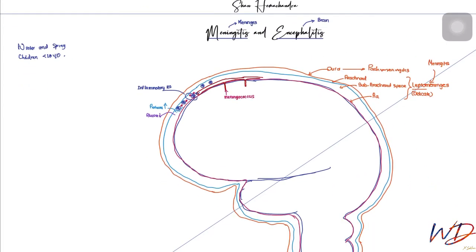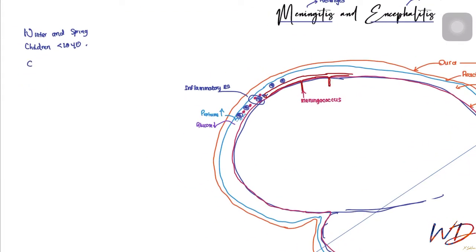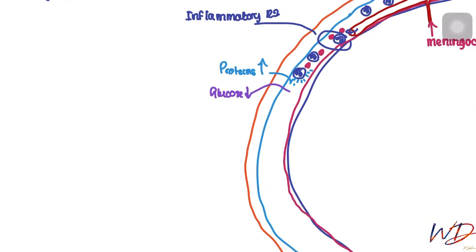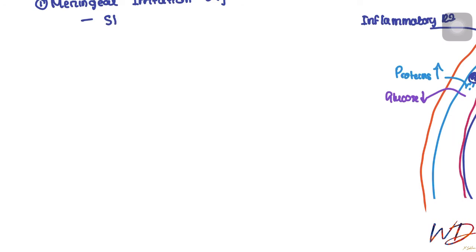So the clinical signs are, first, meningeal irritation signs. Inflammation of the meninges will definitely cause irritation of the meninges. So how do we check this? There are different signs. First is stiff neck, and you check for that using Brudzinski sign.